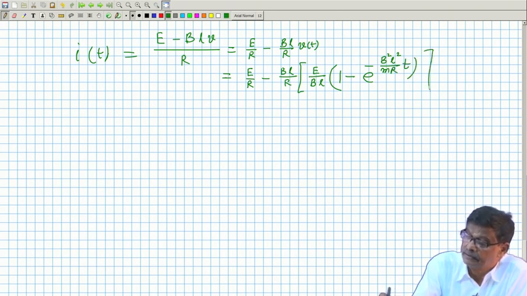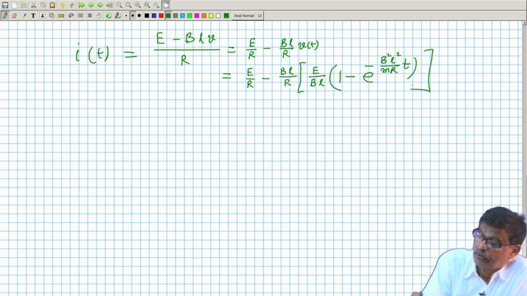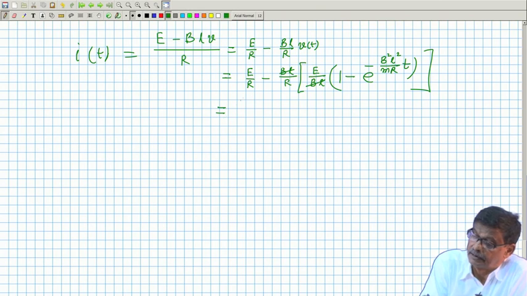So this will be equal to E by R minus B L by R, then this velocity E by B L into 1 minus e to the power minus B square L square by m R into t. You see this B L goes, and you will be left with E by R minus E by R, which cancels. So finally, it will be E by R, this first term cancels, plus E by R into e to the power of minus this thing.